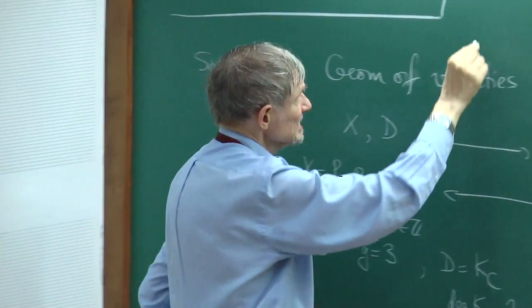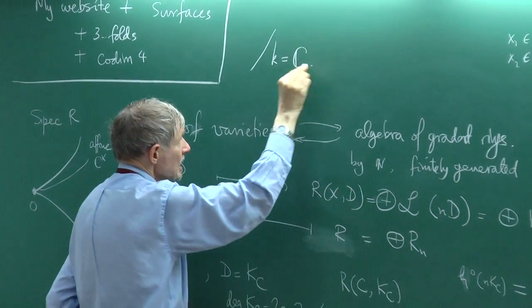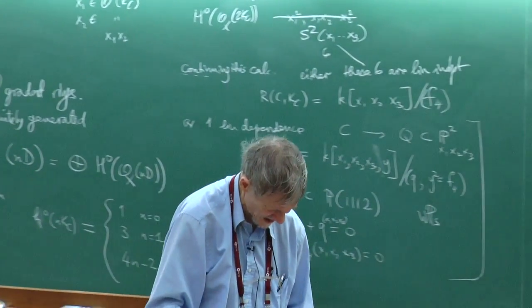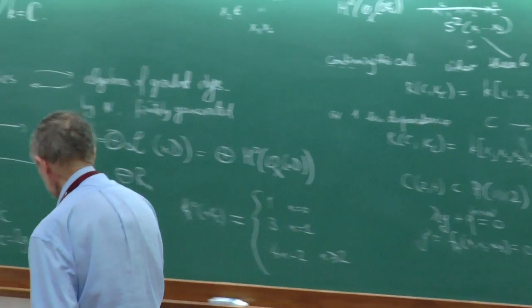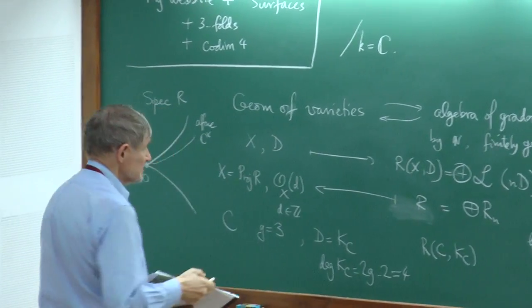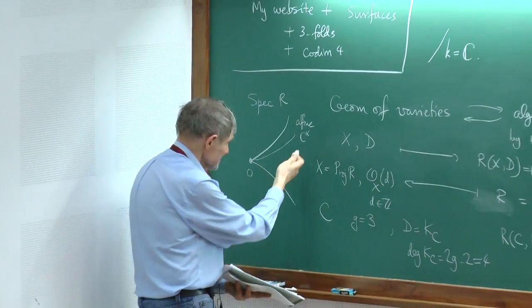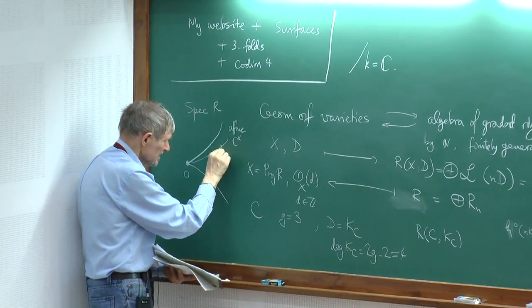Let me say I'm working over K equals C. If there's anybody in the audience who's smart enough to think about it, you can try and do it over an arbitrary base scheme. Most of what I say works over an arbitrary base scheme, but not all of it. Anyway, C star is much easier to describe. So there's an orbit here.